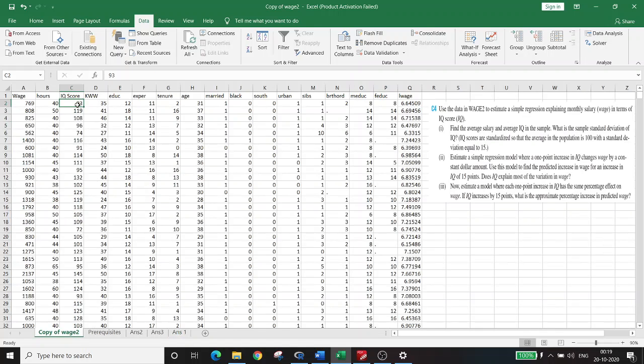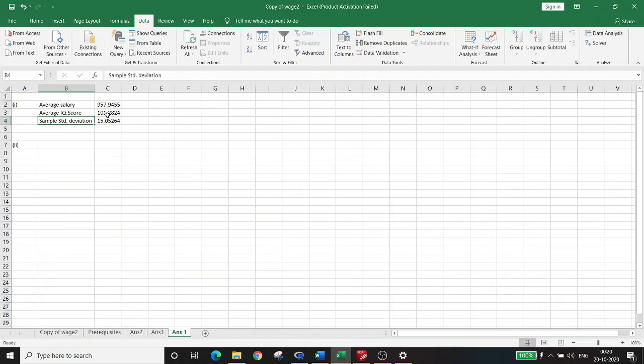You must understand that IQ score is a standardized random variable with mean of 100 and standard deviation of 15. So the standard deviation of this entire sample must also be around 15. You can see the sample standard deviation of IQ score is 15.05, which is very close to 15.